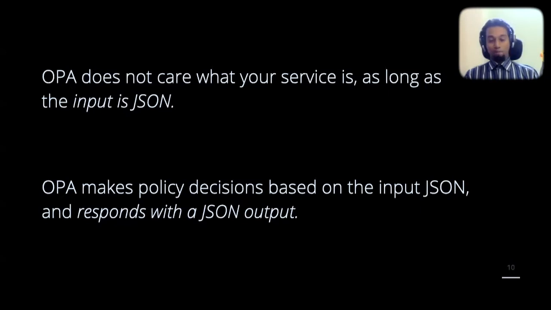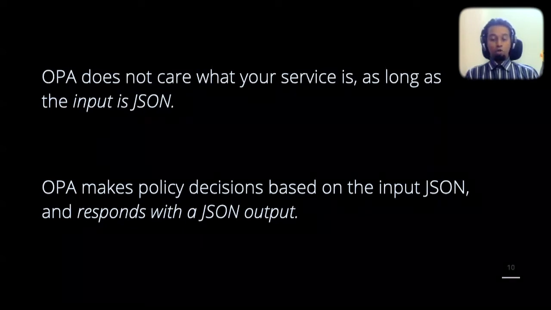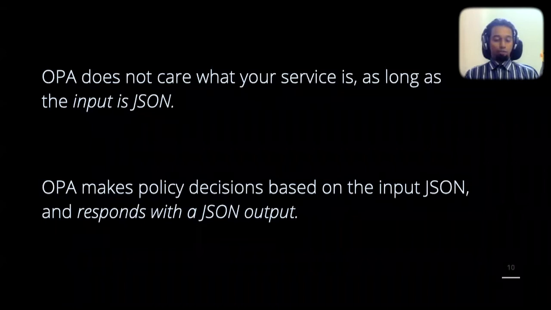Now, in our example, we sent JSON input from our Python Flask API to OPA, and then OPA responded with allow equal to true or false. And that allow was in fact in a JSON format, which is all encapsulated nicely into that API and into the front-end application.